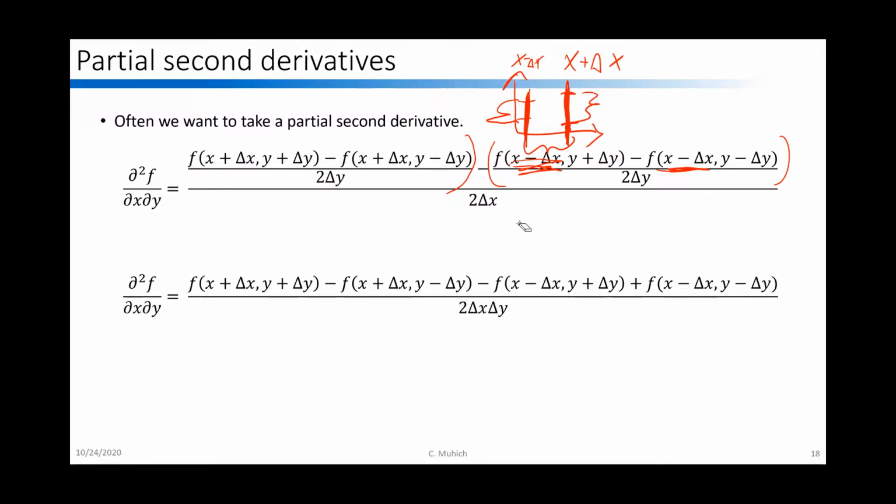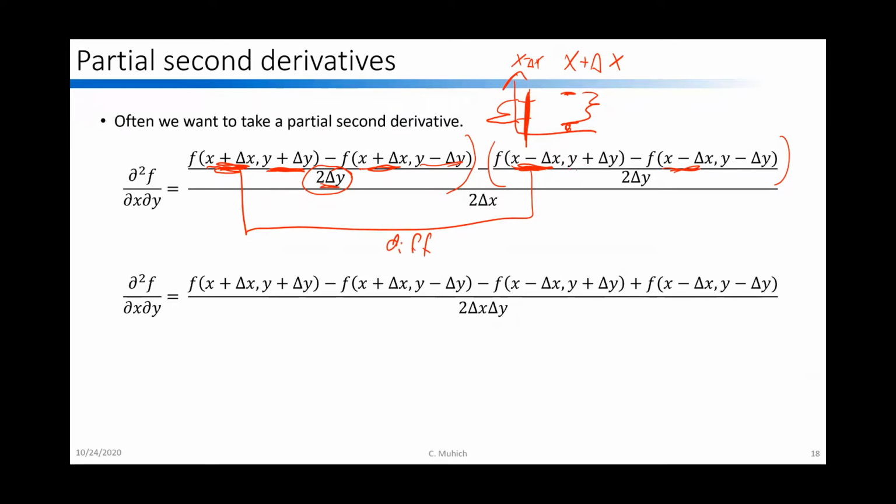So notice when I'm going through here, firstly, I keep the x's the same and I change y. So you can see that here my y's are different, and so the y goes down here. Same thing over on the right-hand term, I keep my x's the same, but this time my x's between the two are different.